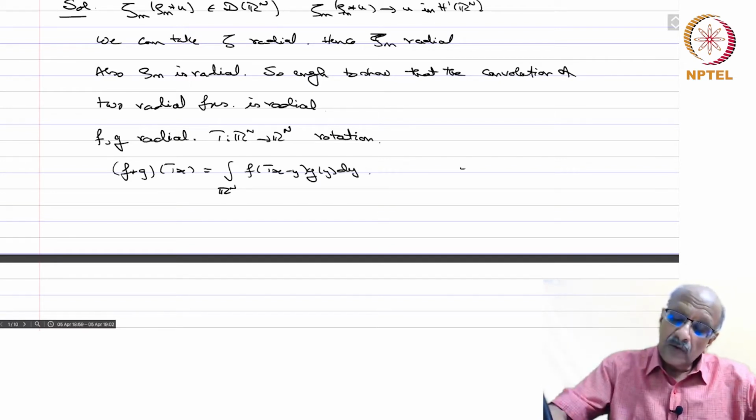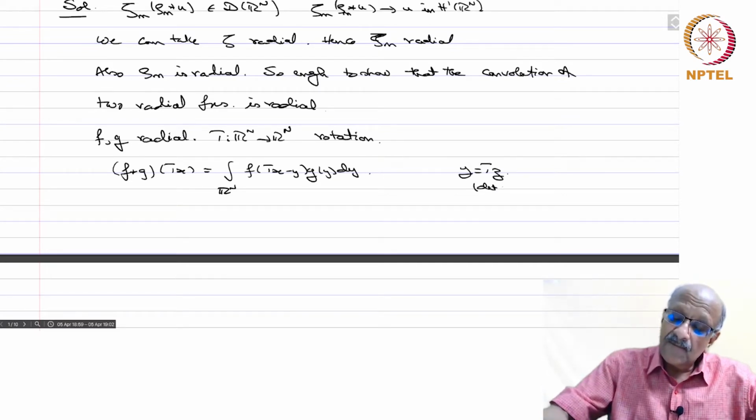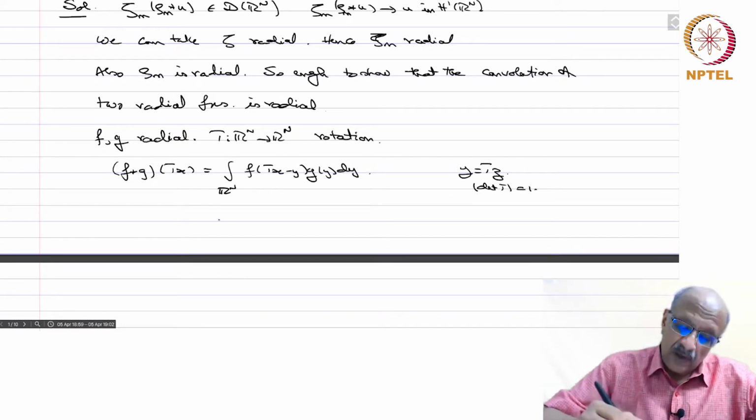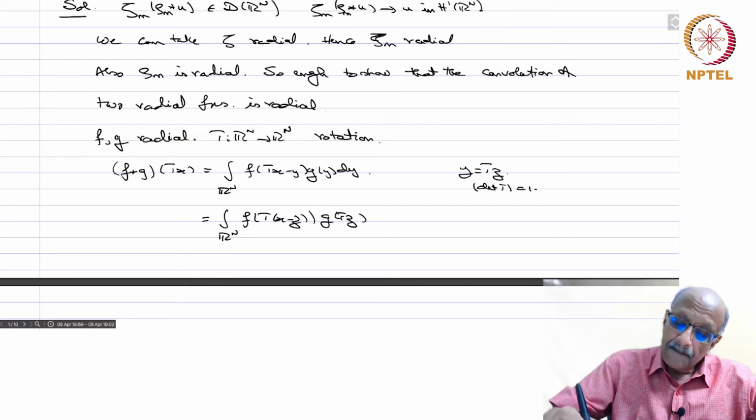Okay. So you write y equal to T times z because T is a rotation and the modulus of the determinant of T will be equal to 1, and therefore by the change of variable formula this will be the integral over Rn of f of T of x minus z, g of Tz, dz.